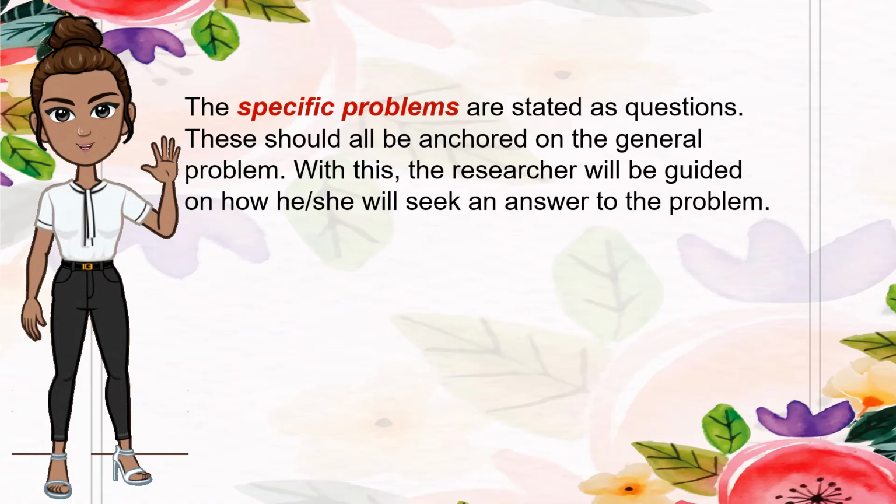With this, the researcher will be guided on how he or she will seek an answer to the problem. In addition, the researcher must also know that a specific question to be formulated must be a researchable question, that is, it should begin with words such as what and how. In this case, the researcher may be able to solicit responses which can ensure detailed data necessary to the study.